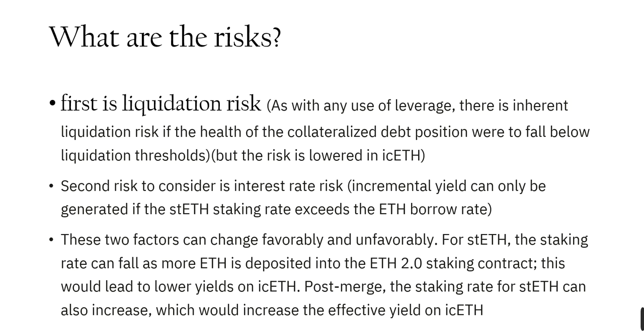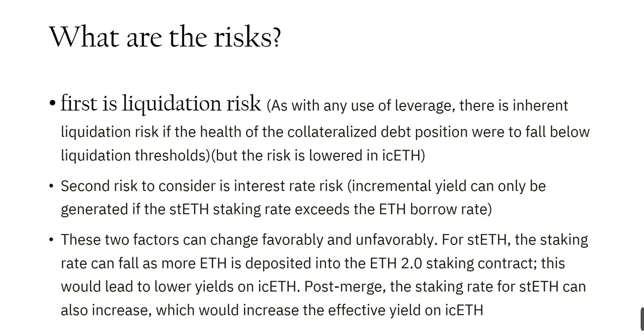The second risk to consider is interest rate risk. Incremental yield can only be generated if the stETH staking rate exceeds the Ethereum borrow rate. These two factors can change favorably or unfavorably.